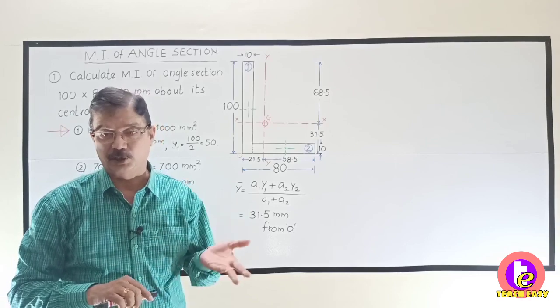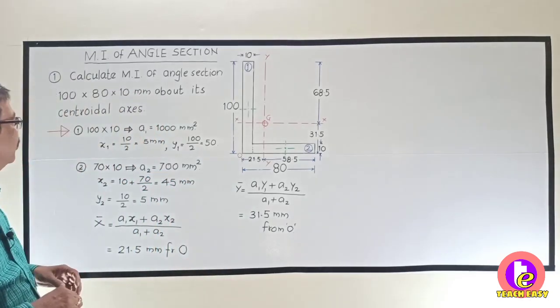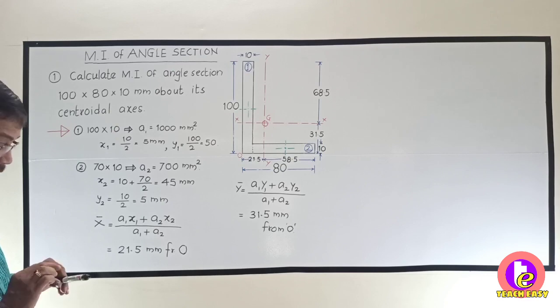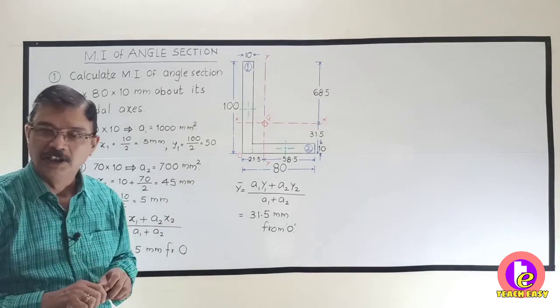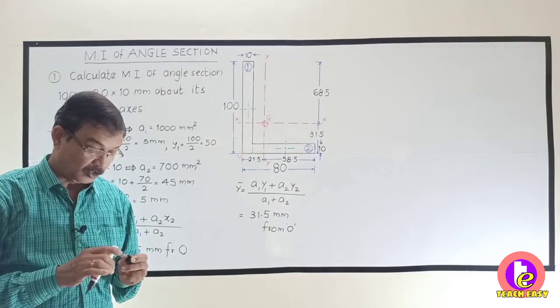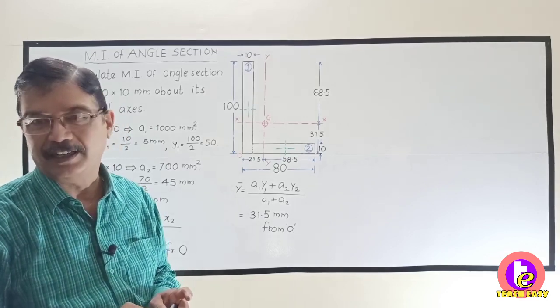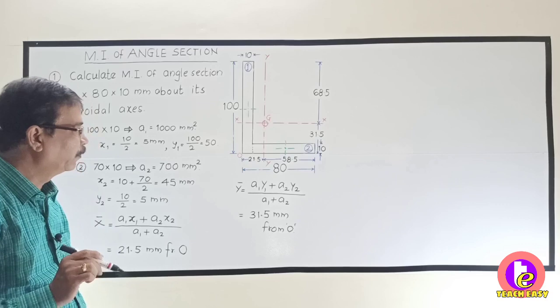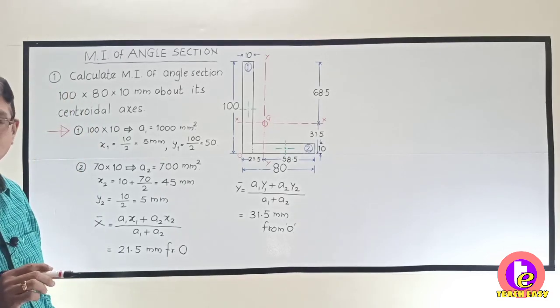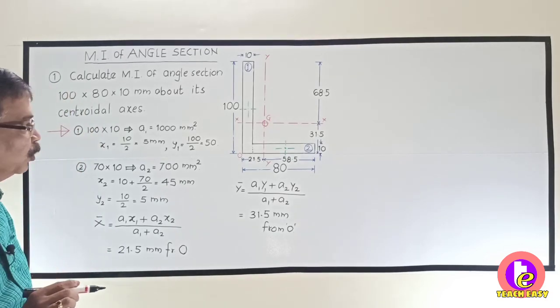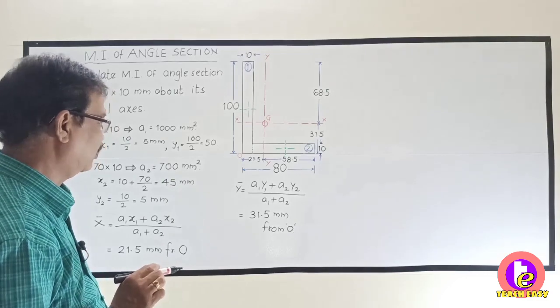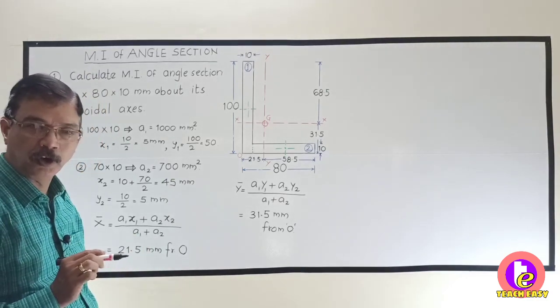Okay. Now let us proceed further to calculate Ixx and Iyy. Now this figure is not at all symmetrical about any axis. Both the rectangles are unsymmetrical about xx as well as yy axis. So we will have to use the parallel axis theorem. Okay.